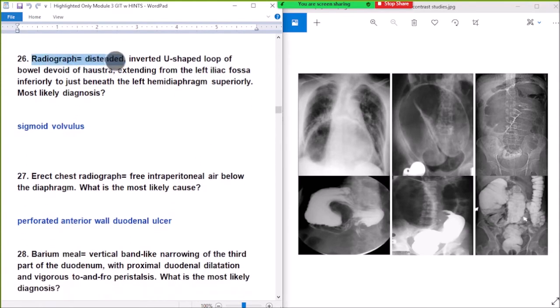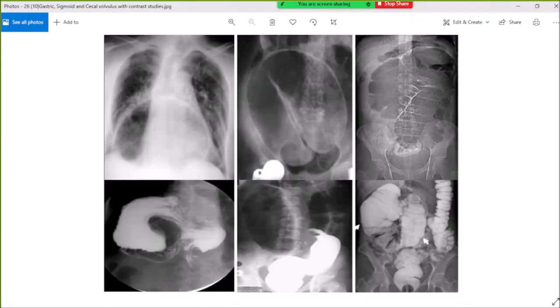Question number 26. Radiograph shows distended inverted U shape of the bowel, devoid of haustra. The options are gastric volvulus, sigmoid volvulus, fecal volvulus.